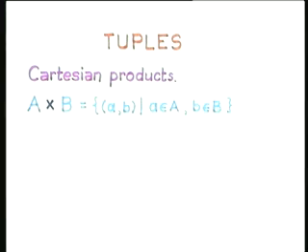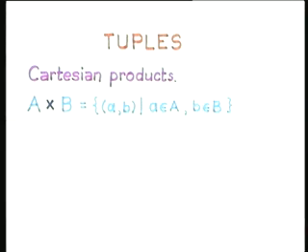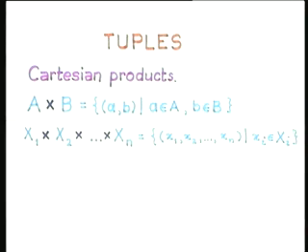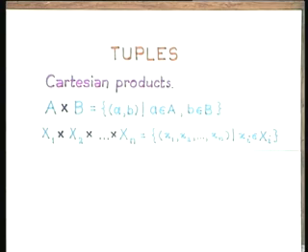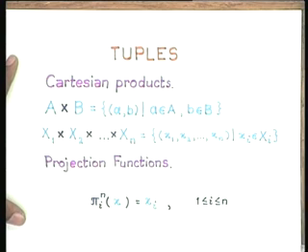So, you can take Cartesian products of two sets, for example, and you get ordered pairs. You get n-tuples by taking an n-fold Cartesian product of n sets. And given any tuple, what you require are corresponding projection functions, right.